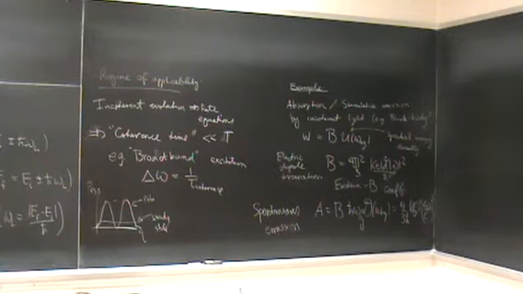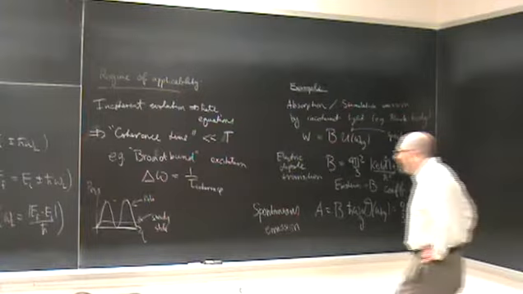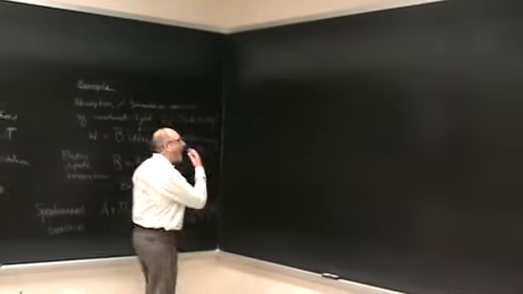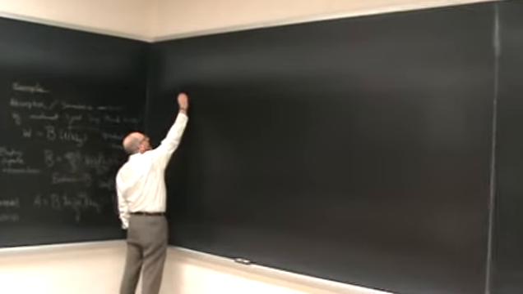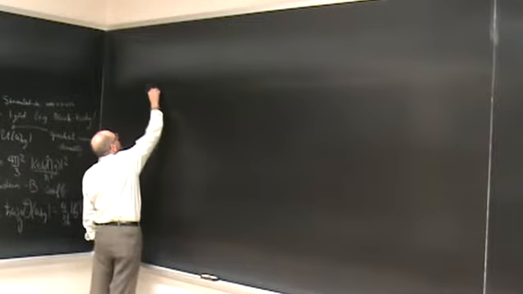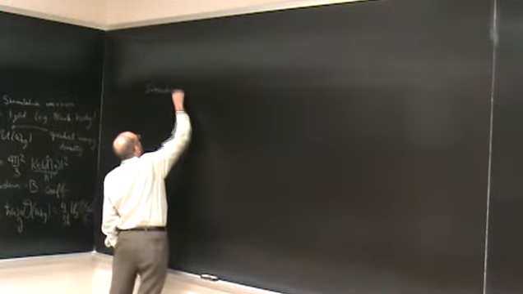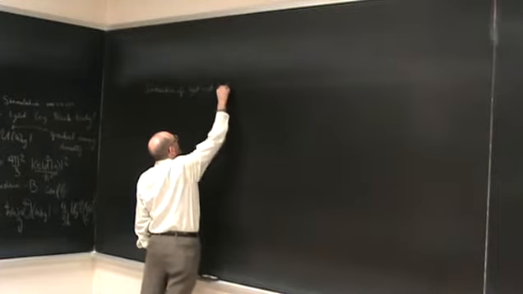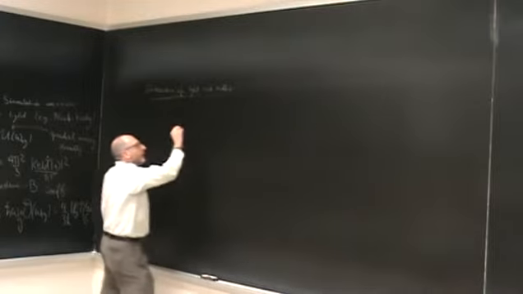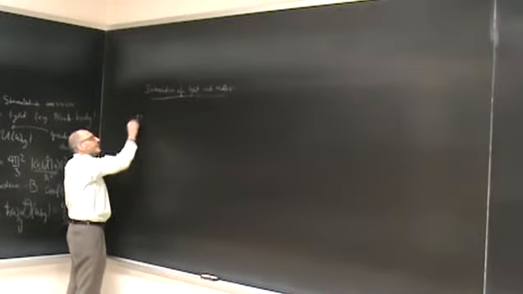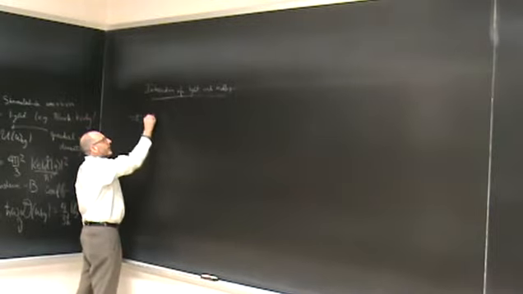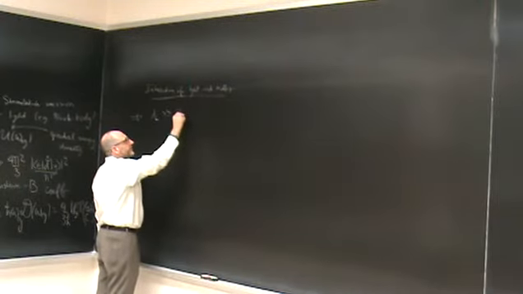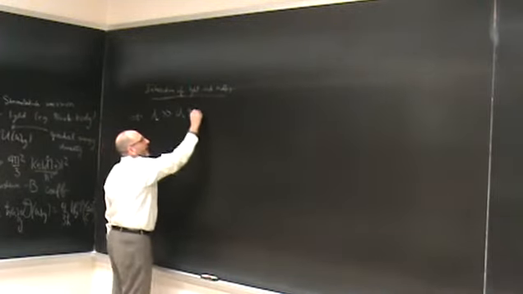All right, let us continue then. So one of the things that we discussed is that when we talk about the interaction of light and matter, we typically have a situation in which the wavelength of the light is big compared to some characteristic size of the dipole.